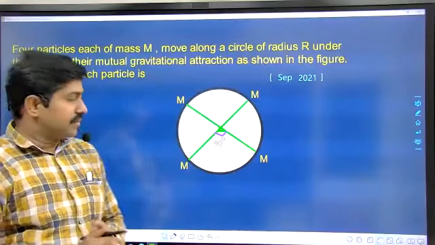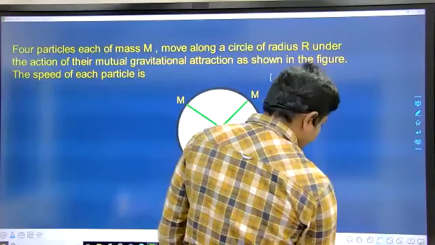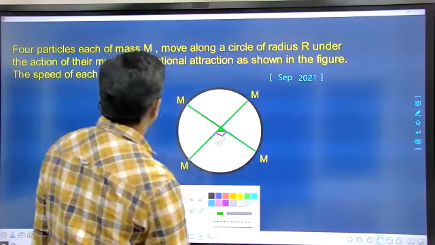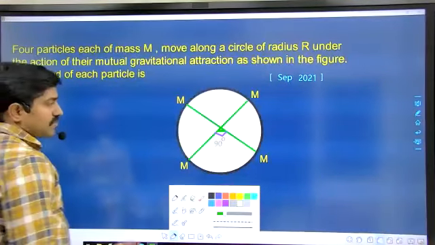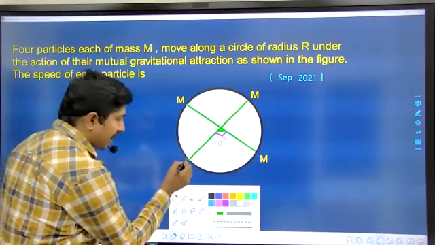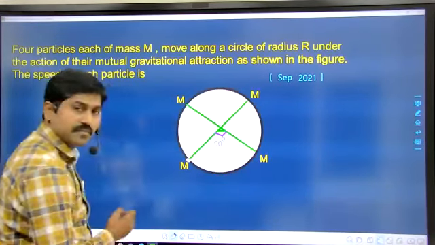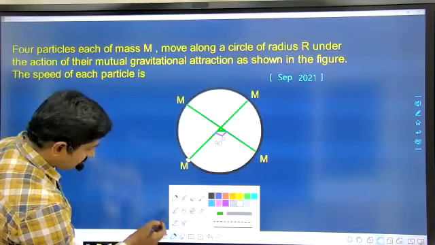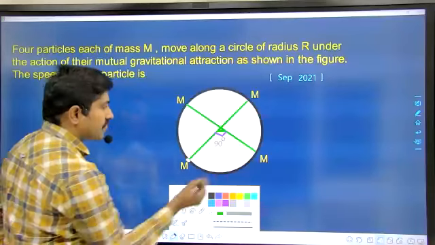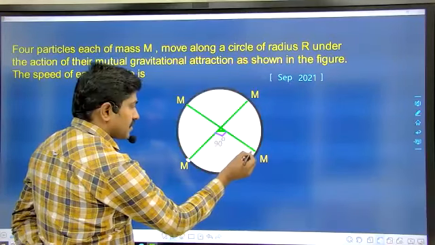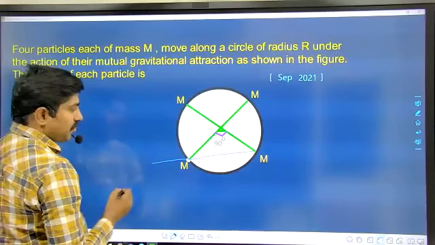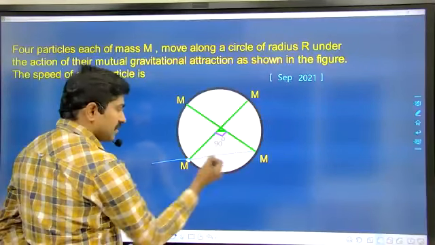Now, I will explain that. See here. First of all, if you want to calculate the force acting on this particular mass due to the other 3, first I will indicate the force acting on this particle due to this one.